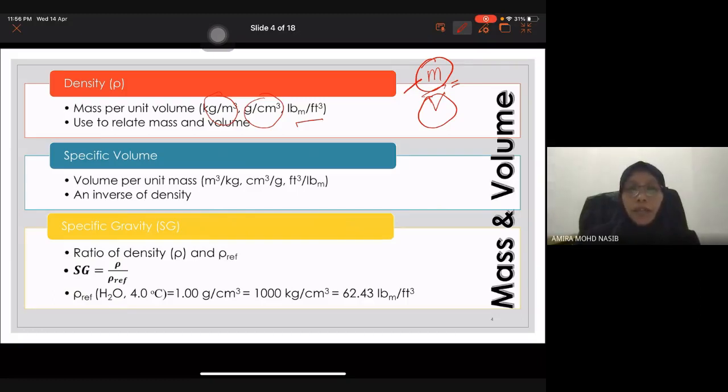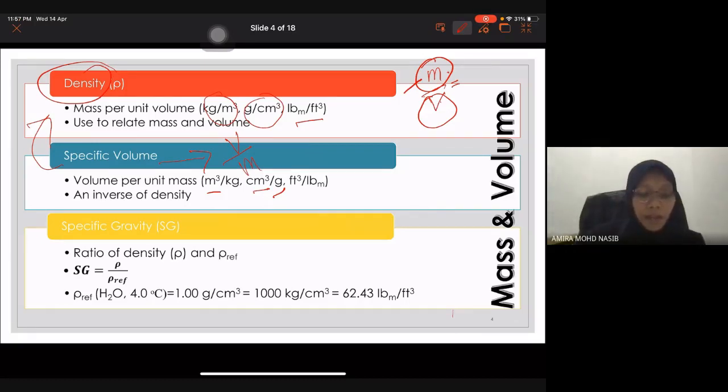Next we have specific volume. What is specific volume actually? Specific volume is the inverse of your density. If density is mass per volume, then specific volume is volume over mass. It's just the vice versa of your density. The unit will be meter cube per kilogram, centimeter cube per gram, or feet cube per pound mass.